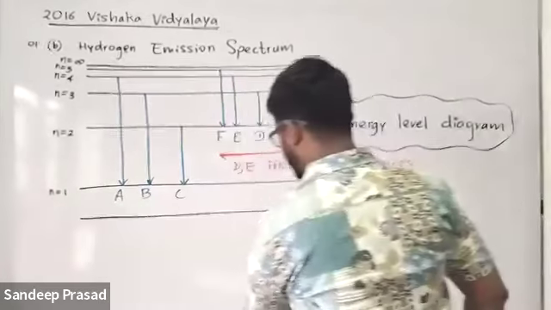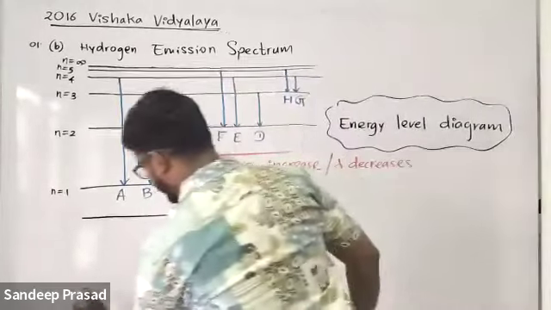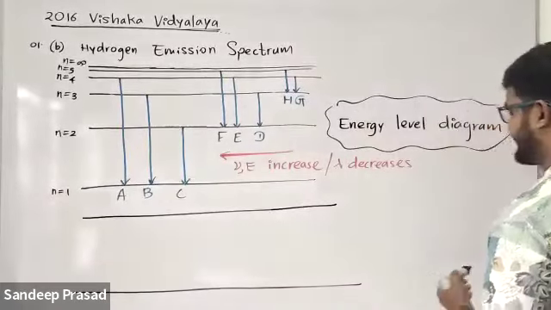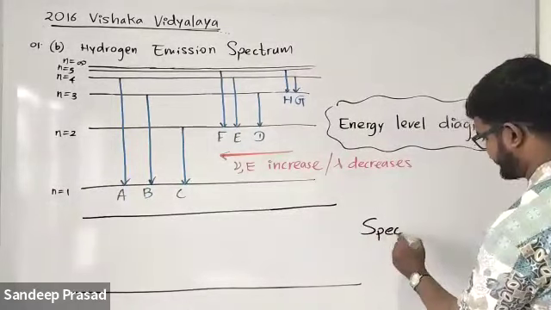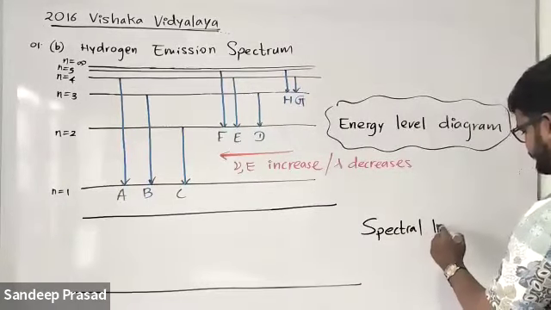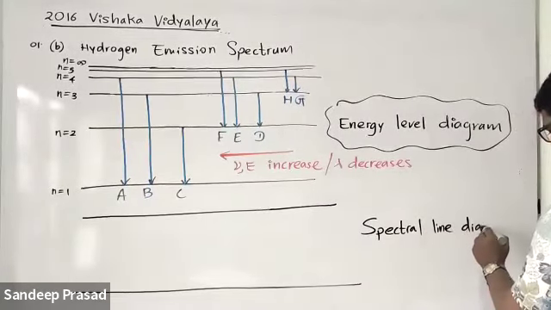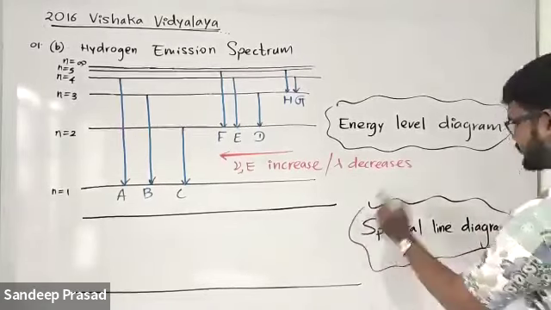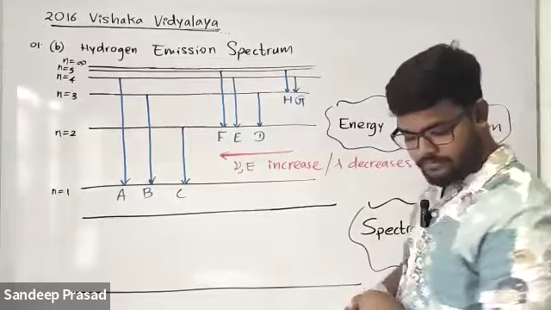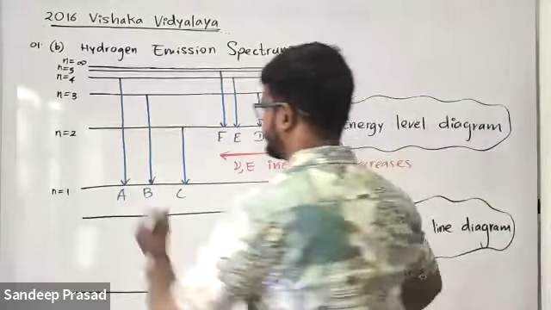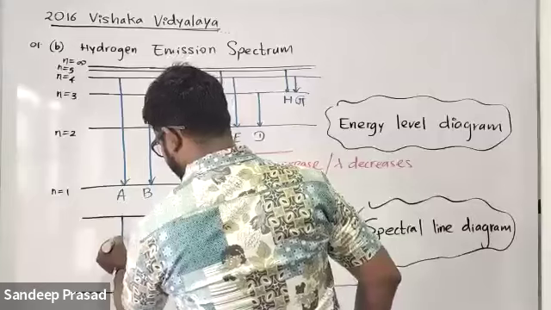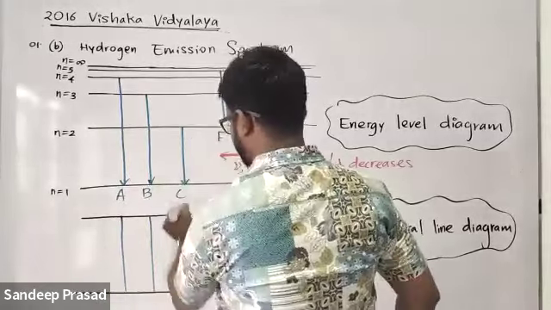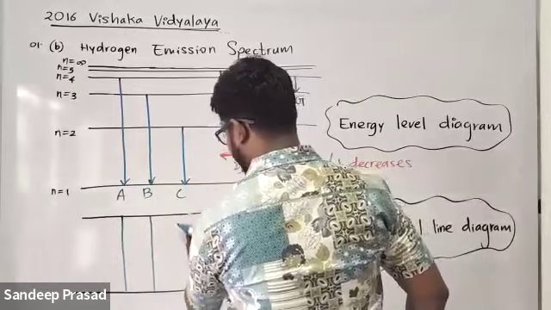How can we draw the spectral line diagram? Recall what we learned in the theory classes. The spectral line diagram can be drawn in this way. Look at this one. Now, in the same way, use the same line. Here the gap is a little bit increasing.